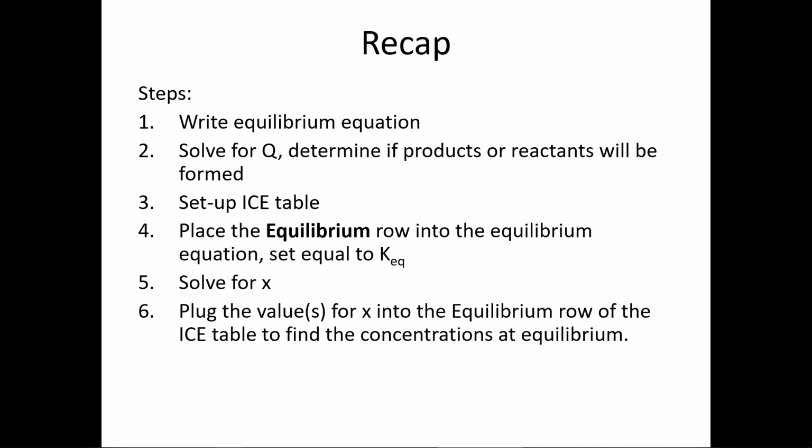The equilibrium row is just initial plus the change. Then fill in our equilibrium values for the K equilibrium expression, and solve for x. Once we know x, we can plug that back into the equilibrium row and find our concentrations.